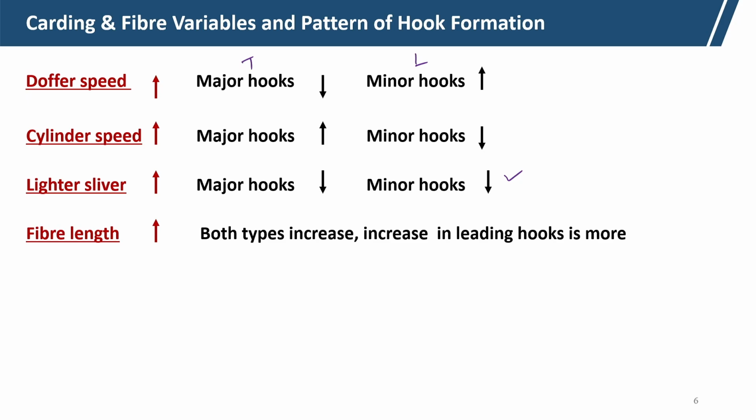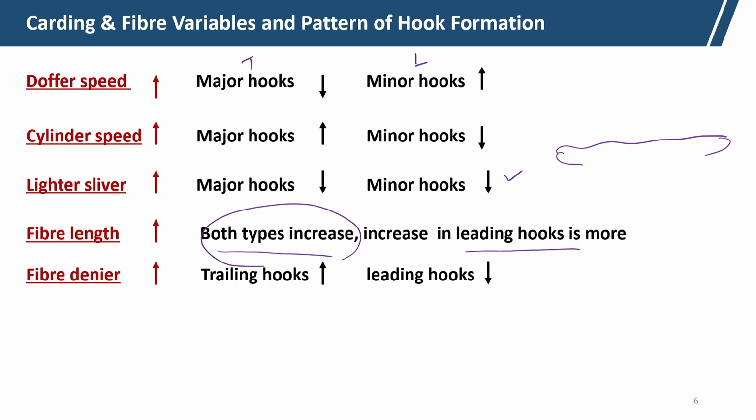Fiber length: as we increase the fiber length, both hooks increase, because there is a chance of getting folded, and the increase in leading hook is more. Fiber denier: as the fiber becomes coarser, the trailing hook increases, but the leading hook reduces.